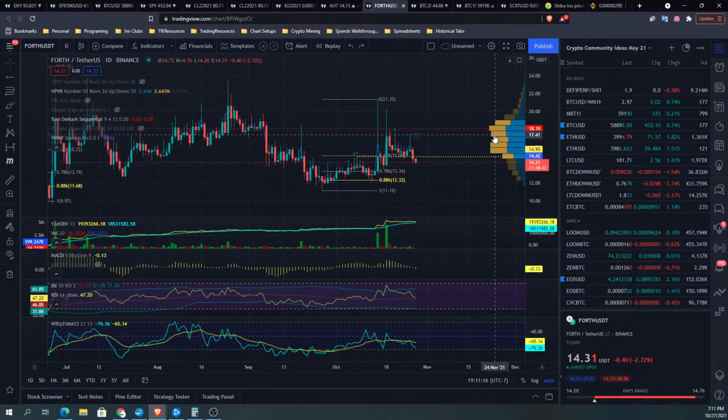And this Fourth token is the governance token around that protocol. So if you own the Fourth token, you can help vote for different proposals for changes to the Ample Fourth protocol.